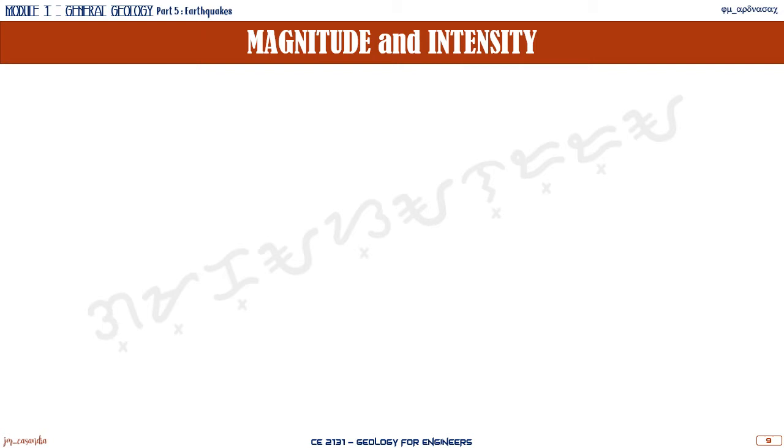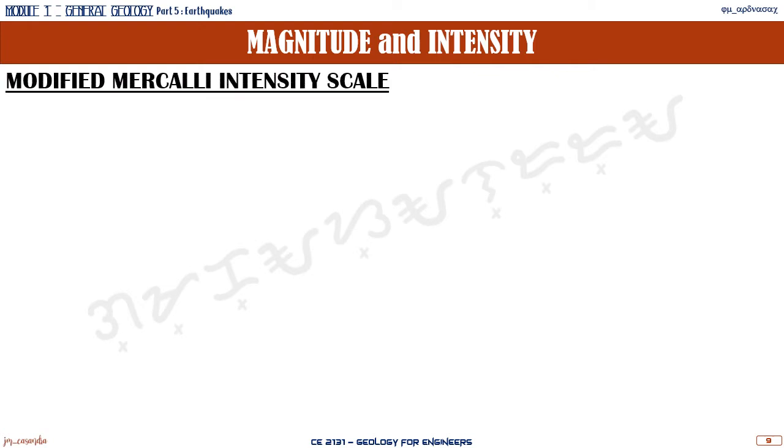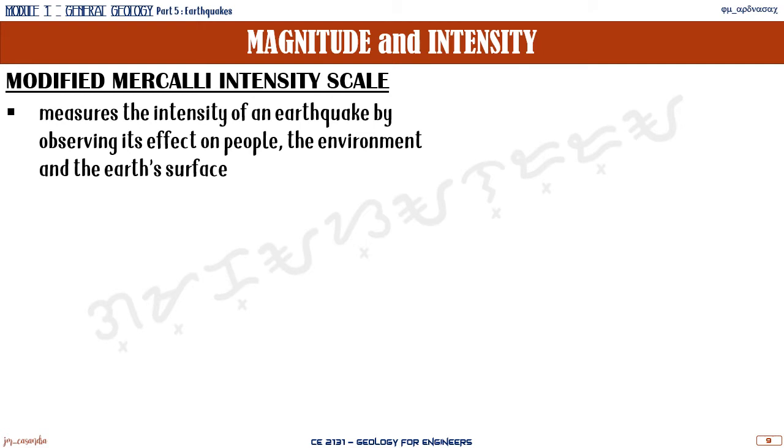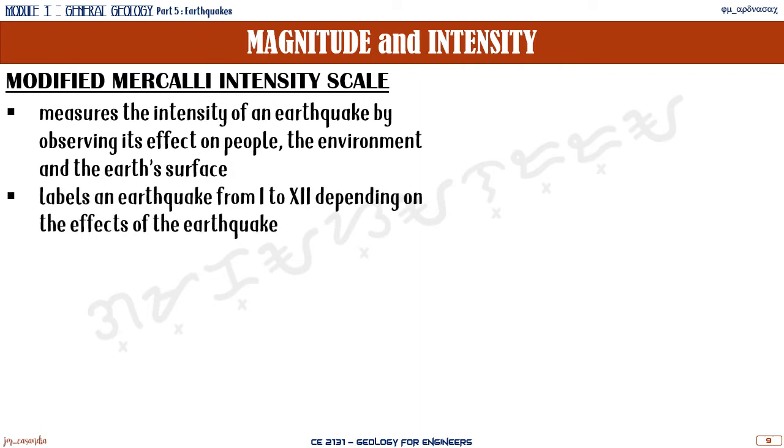measuring the earthquake. In terms of intensity, we use the modified Mercalli intensity scale, which simply measures the intensity of an earthquake by observing the effect on the surroundings. It will include its effect on people, the environment, and the Earth's surface. The modified Mercalli scale will usually be in terms of Roman numerals 1 to 12, and each number defines the effect of the earthquake.